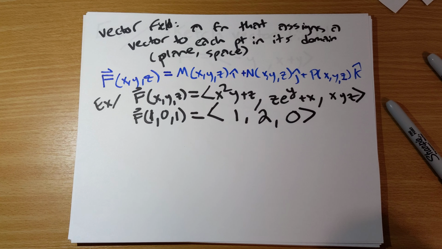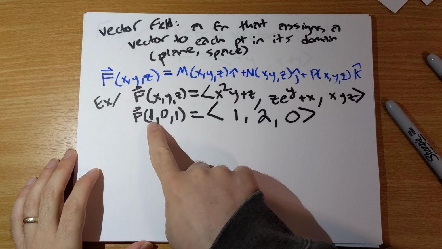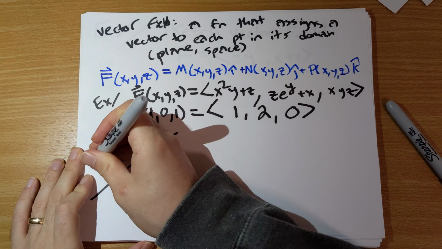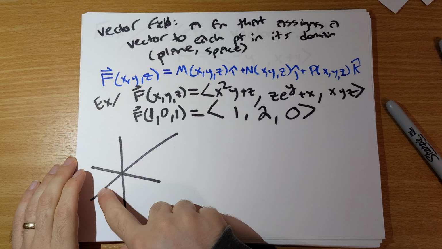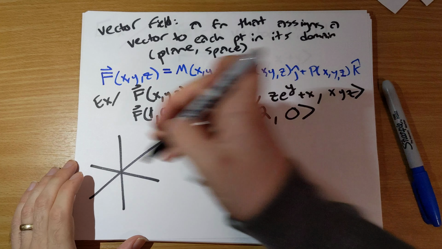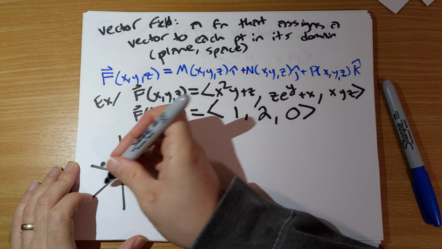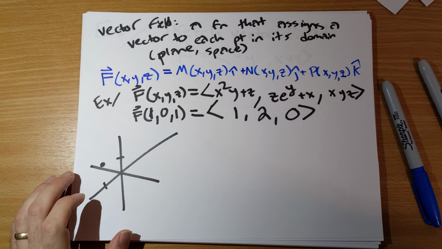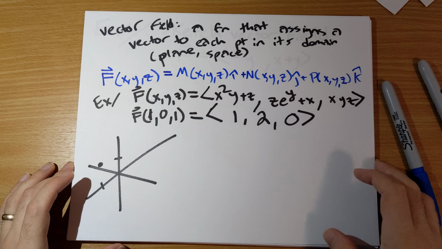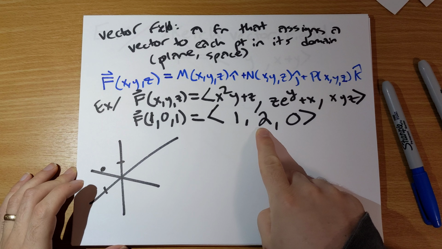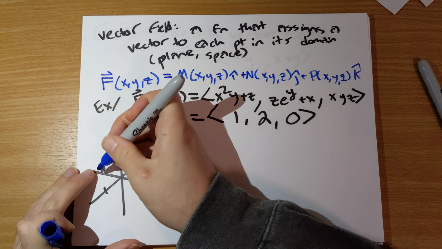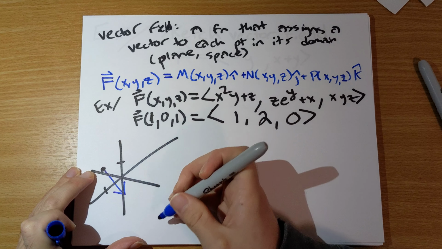So what this is doing is that at the point in space 1, 0, 1, the vector is 1 in the x direction, 2 in the y direction, 0 in the z direction, so I think it's something like that here.